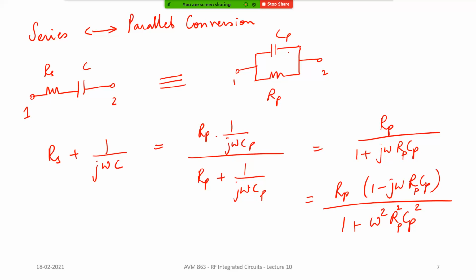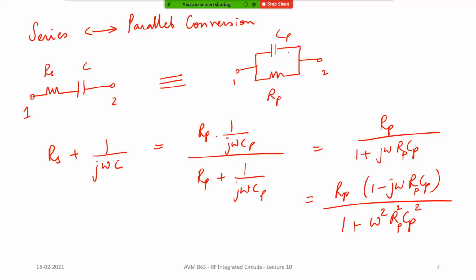If you assume that there is an Lp here which is tuning out the capacitor at that frequency, what will be the Q of the circuit? That is the way Q is defined for even RC circuits or RL circuits.